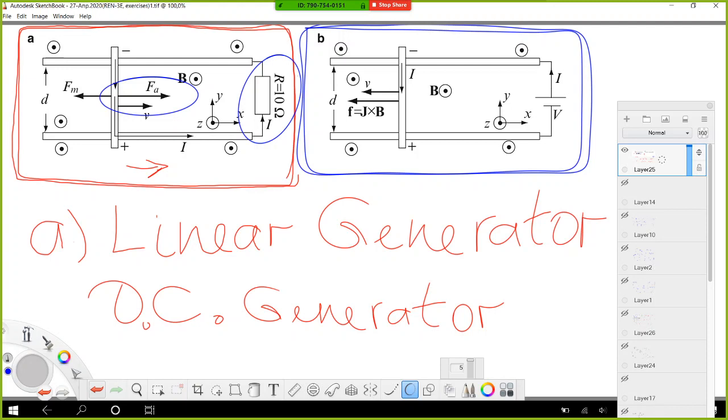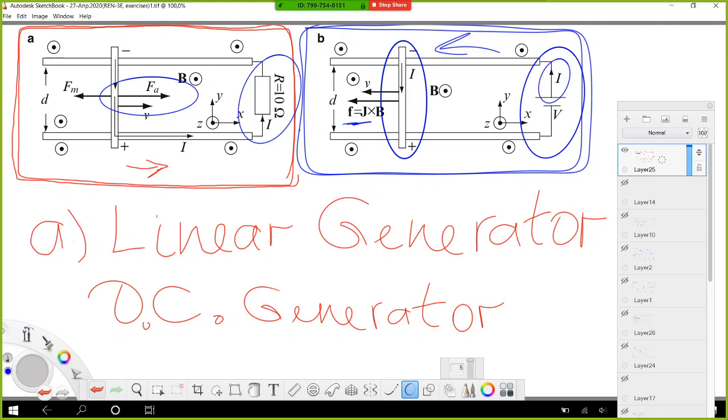In the second configuration, configuration B, instead of a load, we connect some voltage source V, and as we connected the voltage source, some current starts to flow, for example, in this direction, and because of Ampere's law, some force F acts on this bar, and this force makes the bar move, in this case to the left.